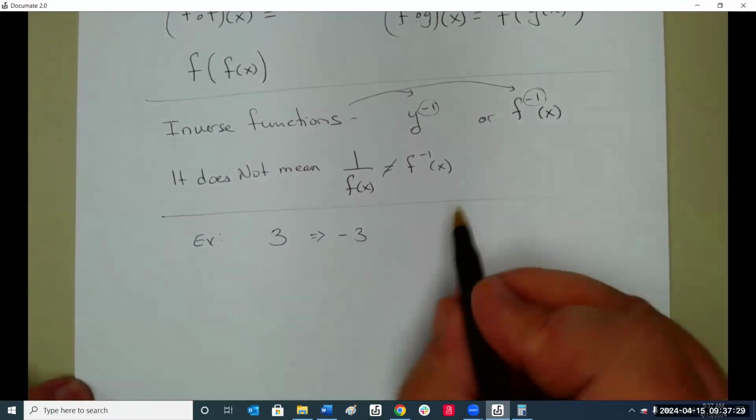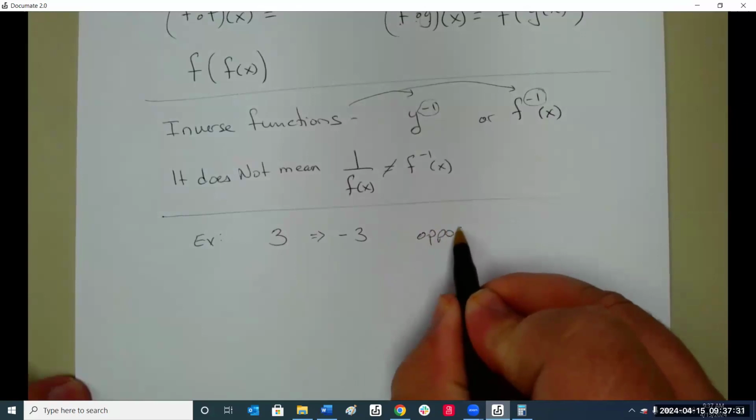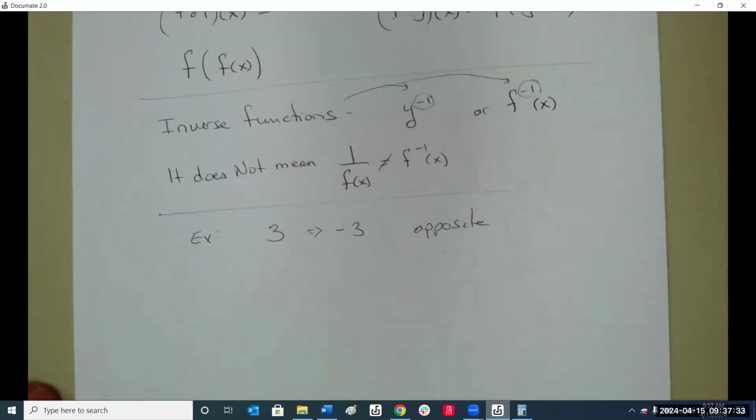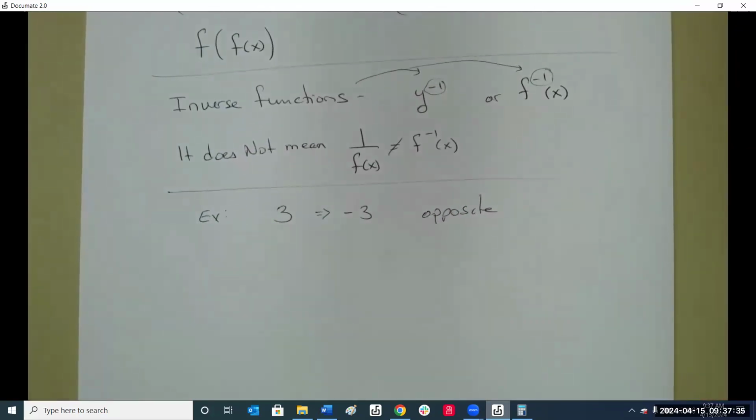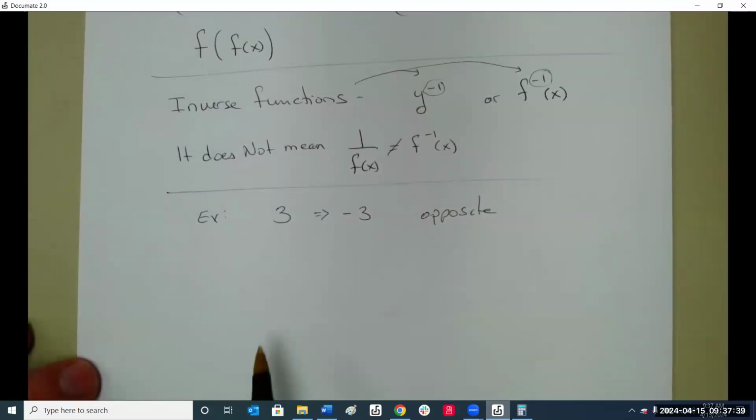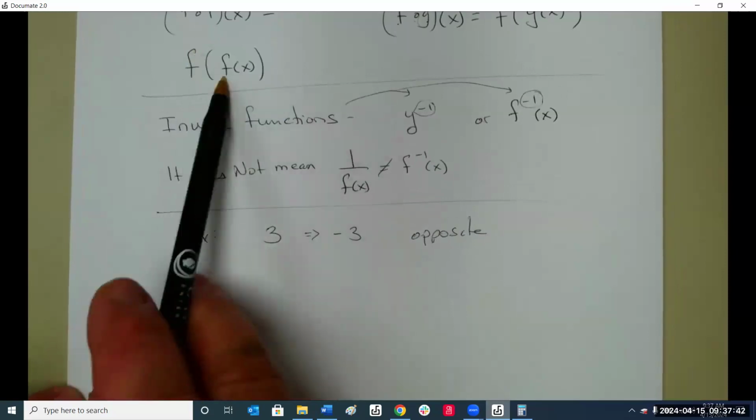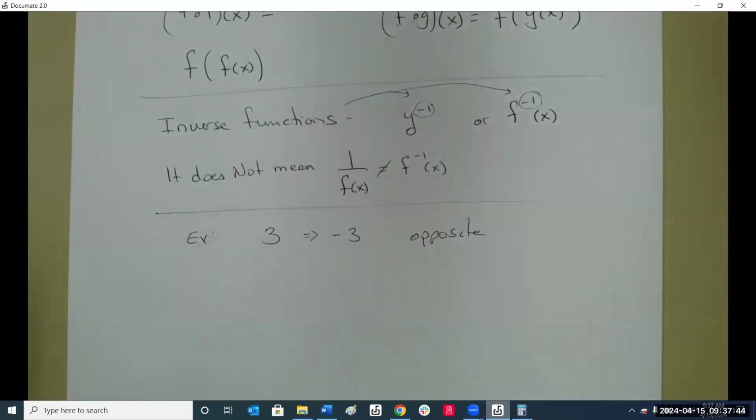This means opposite, not inverse. The way we know something's an inverse, I'll show you that in a second, is the only way we can prove if it's an inverse is by using composite functions. But it's a safe mistake, everybody always says that. So you're in good company. Every class I've ever taught, I even said that when I was in your seat. So you're in good company.